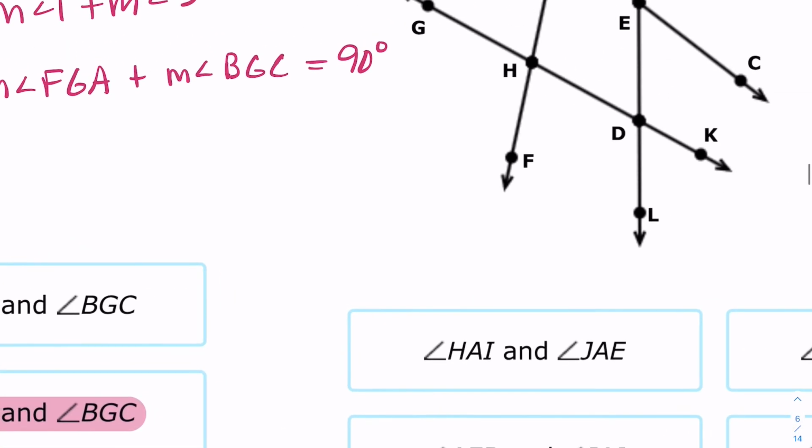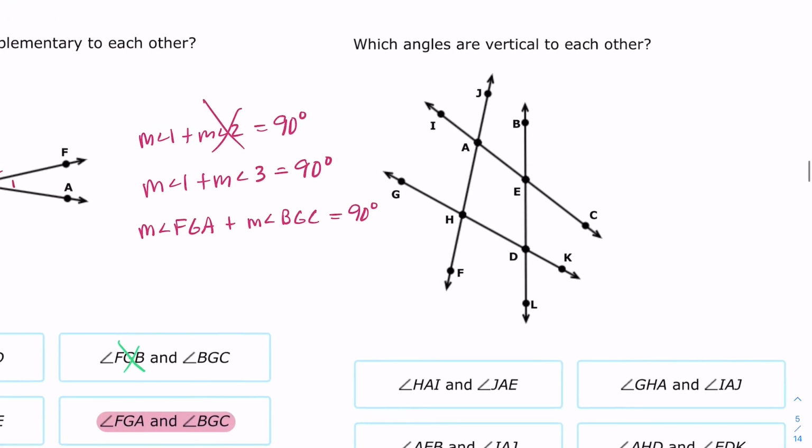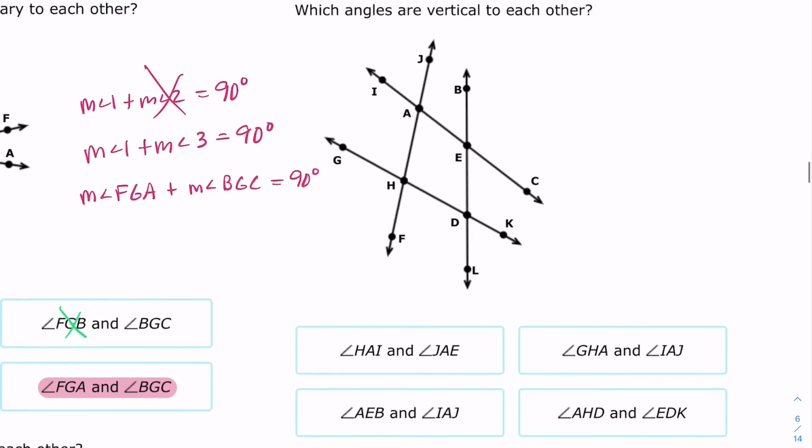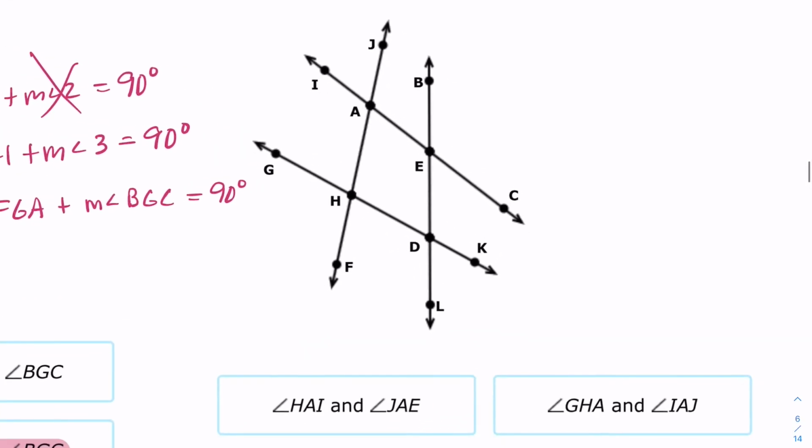All right. Which angles are vertical to each other? So HAI and JAE. So HAI is right here, right? HAI and JAE. These are vertical.